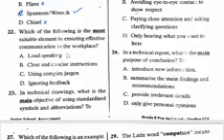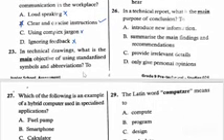Loud speaking is whereby you talk with a lot of noise, speaking loudly. So it does not ensure clarity, it may cause discomfort. Using complex jargon can confuse people, using terms that people don't understand. Ignoring feedback breaks down communication. And therefore the most appropriate suitable element is to be clear and give concise instruction. So you continue to question number 23.